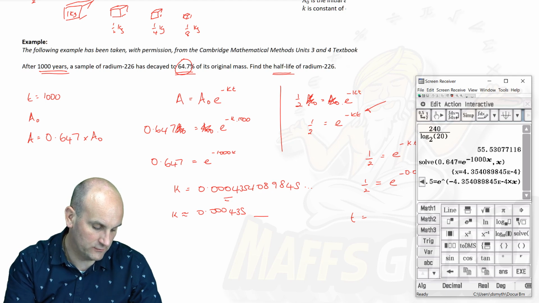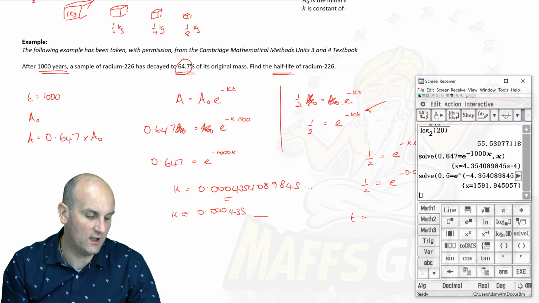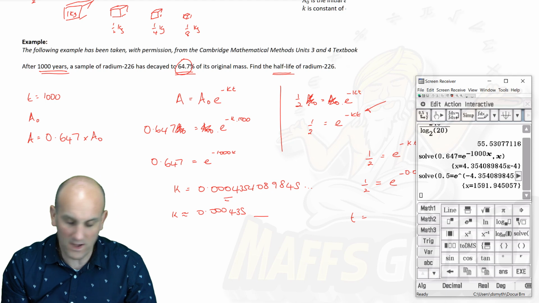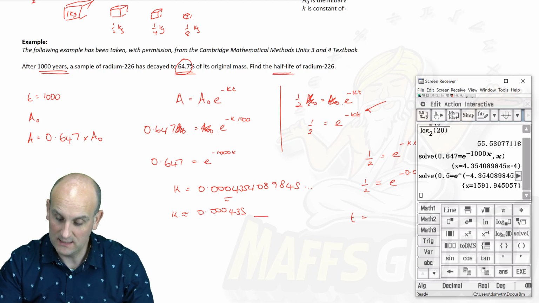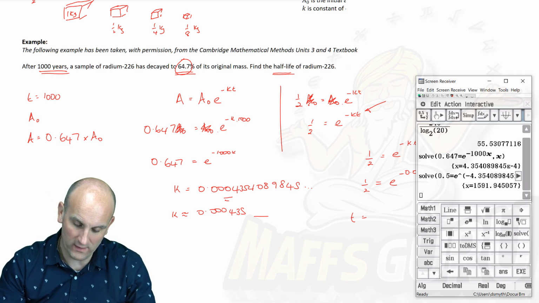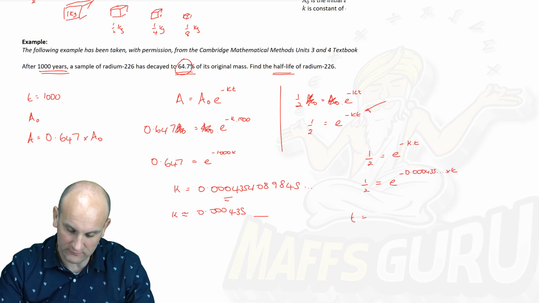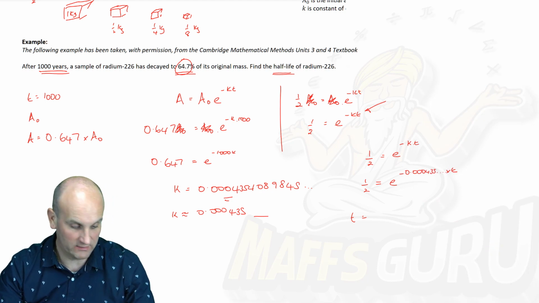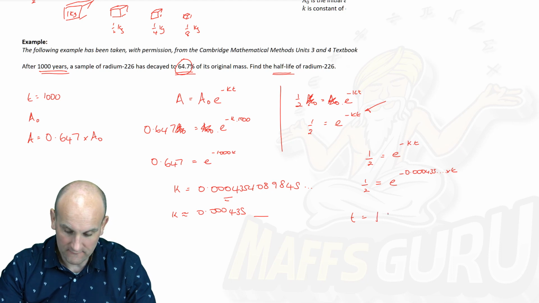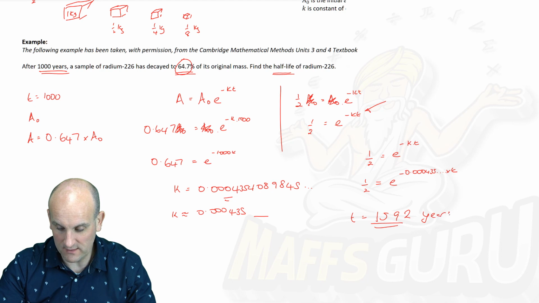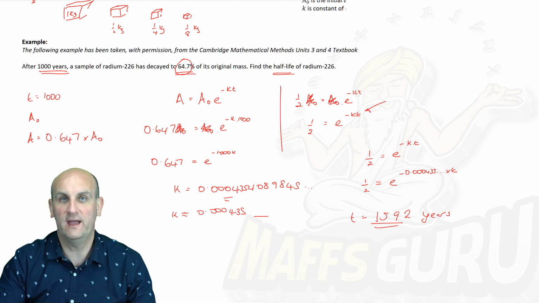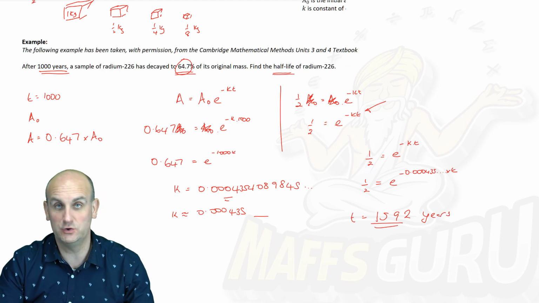Then I close my bracket, and it gives me a half-life of 1,591.94 years. Let's round it to the whole number: 1,592 years would be the half-life for that sample of radium-226.